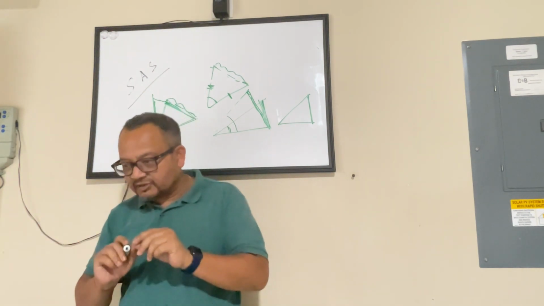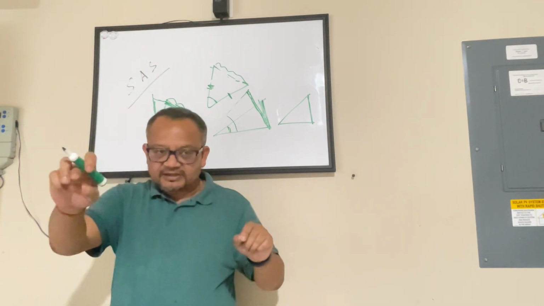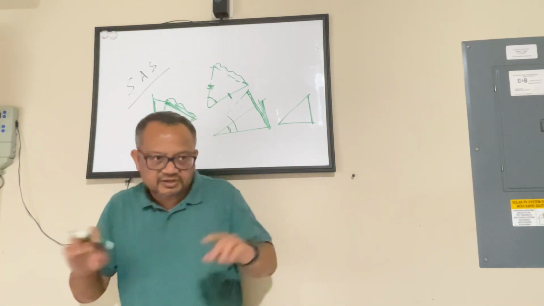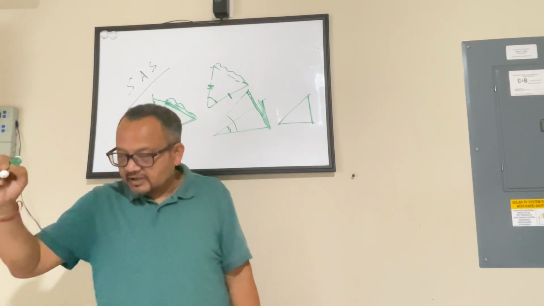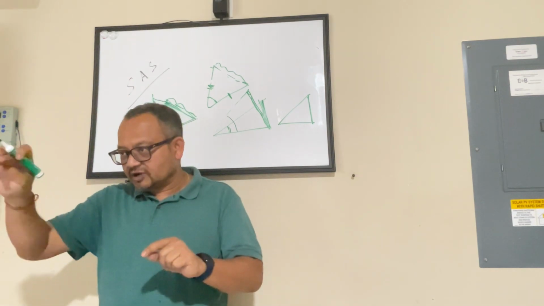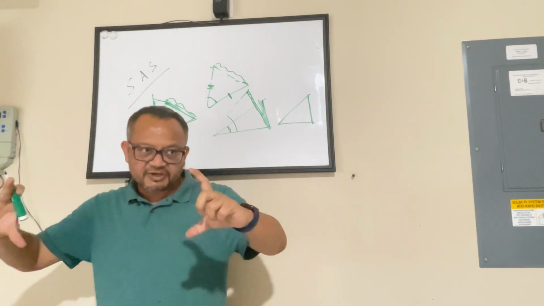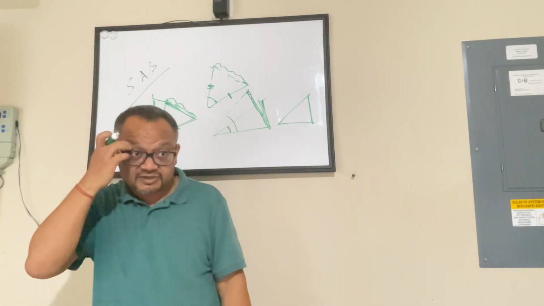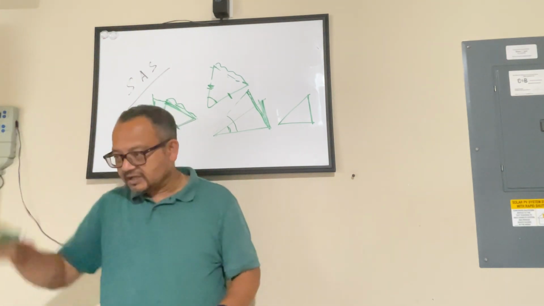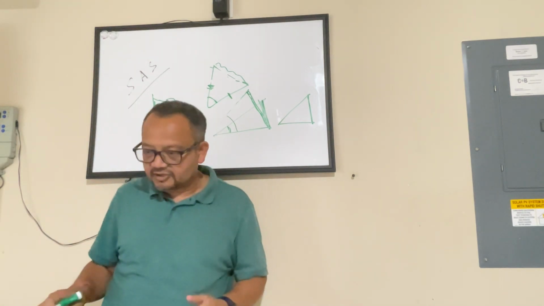Then draw a 30-degree angle, and keep the length of that line as, let's say, 4 centimeter. Here also keep 4 centimeter and draw the same angle. Now you have just drawn the angle. What you have to do is join the two corners of the angle in both places and measure the length. You'll find both are the same. If the baseline is the same, the angle is the same, and this length is the same, the line joining the two corners will also be the same.